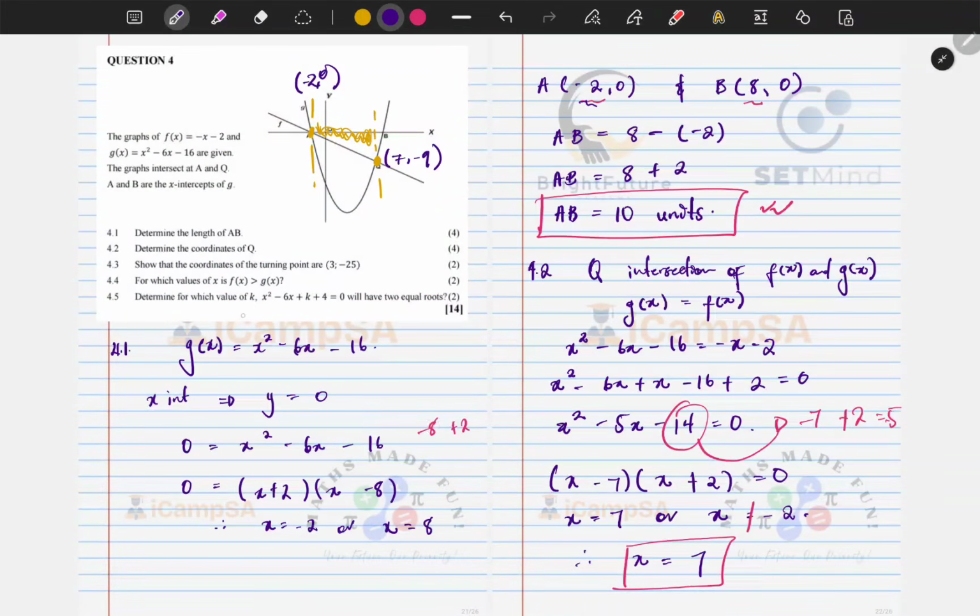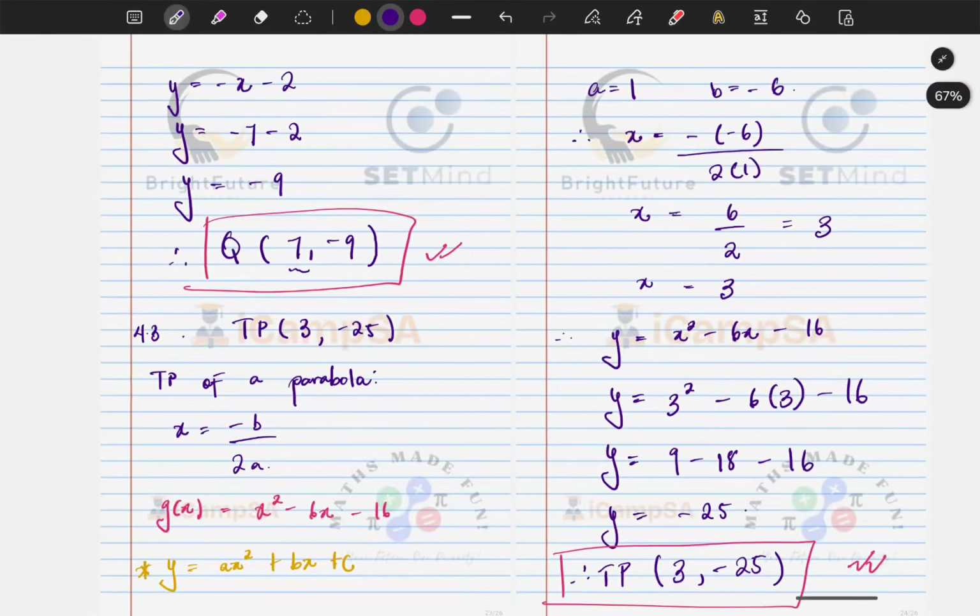Yeah, 7 and -9. So now let's look at the last question. For which value of k will we have 2 equal roots, right? In order for us to have 2 equal roots, this takes us to a discriminant.